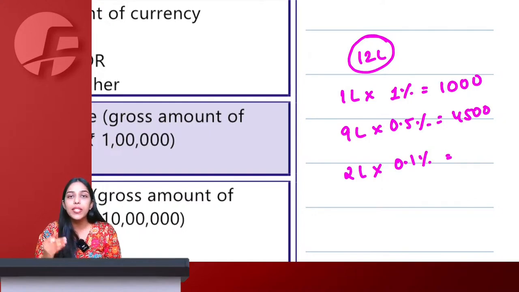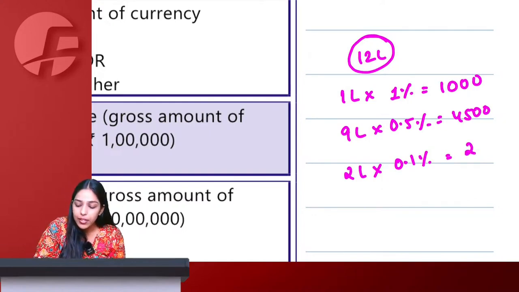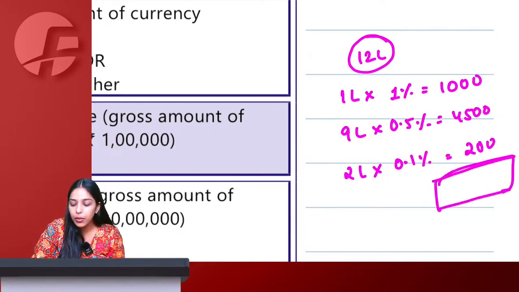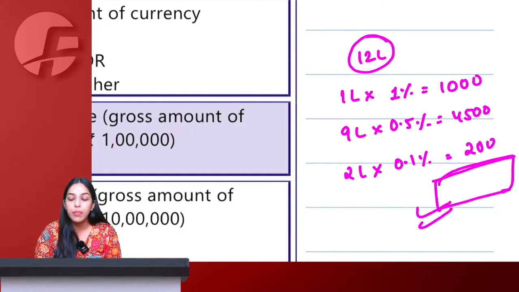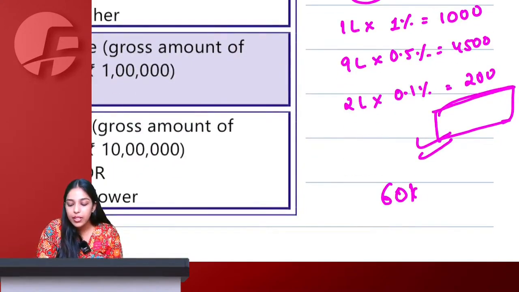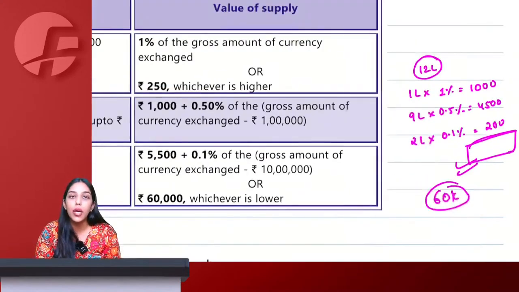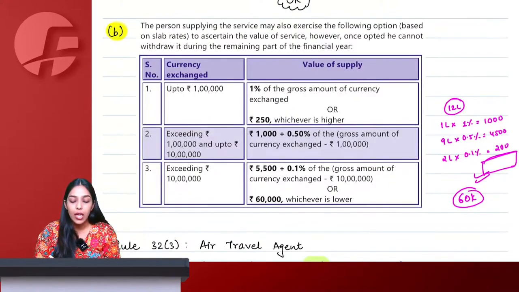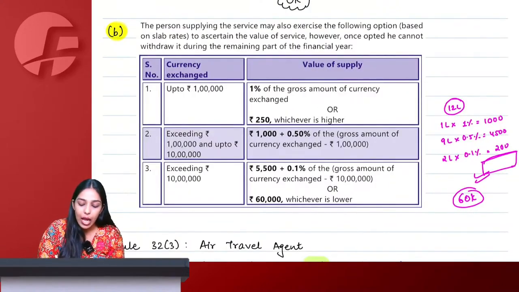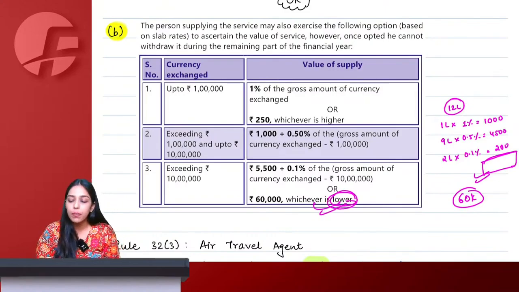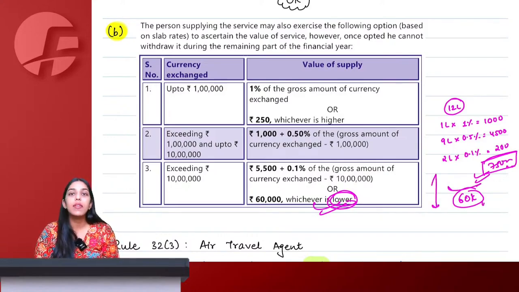So 0.1% of 2 lakh comes as 200 rupees. This is my total value of supply, and it can be a maximum of 60,000. Whatever final answer you arrive at, compare it with 60,000, and whichever is lower becomes your value of supply. So let's say this amount comes as 75,000, then 75,000 or 60,000, whichever is lower, 60,000 will be the answer.